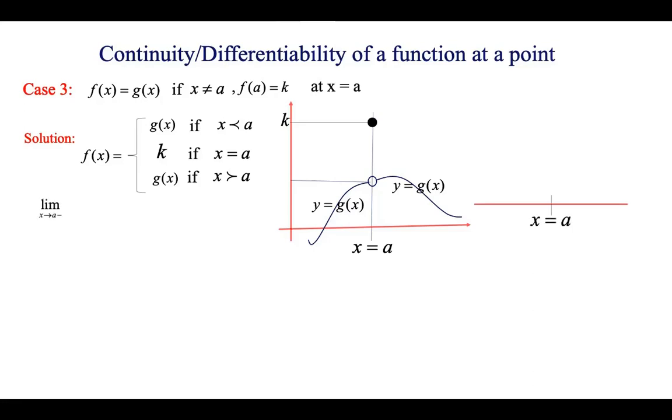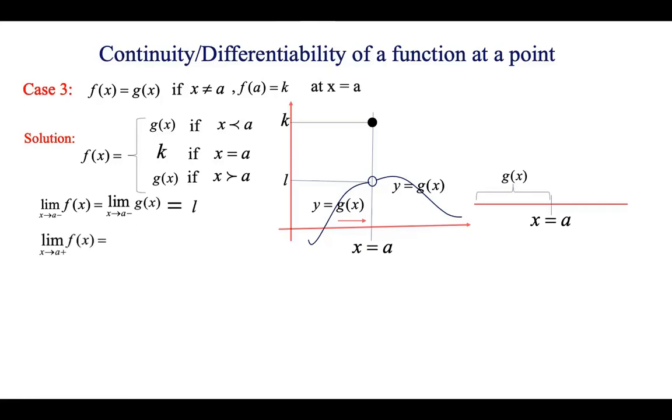So I am evaluating the limit of f of x as x tends to a minus, the left limit of f of x at a, means on the left side of a, the function is given by the formula g of x. That g of x I am evaluating, but from the graph of the function, the left limit of g of x at a is given by that height L. Therefore, this left limit is L.